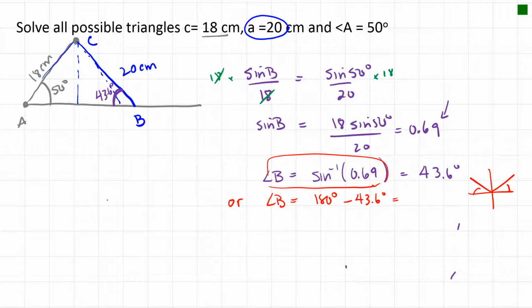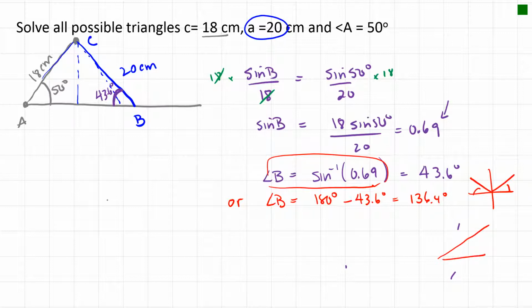And so if I consider that second possibility, I get an answer of 136 degrees. So it could be 136.4 degrees. Is that possible? Let's make a quick sketch.